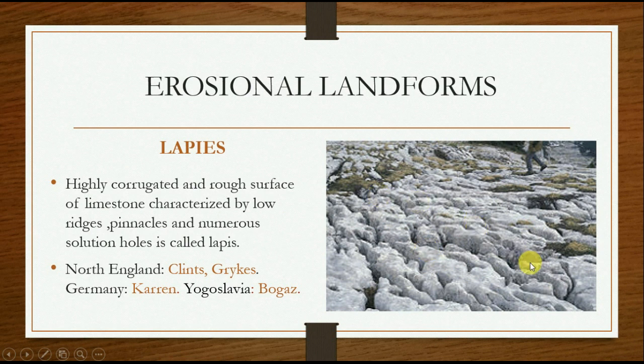It looks like a finger-corrugated, rough surface. That is what is called lapis. Several terms are used to describe lapis: in North England it is known as clints or grikes, in German it is Karren, and in Yugoslavia it is bogaz.